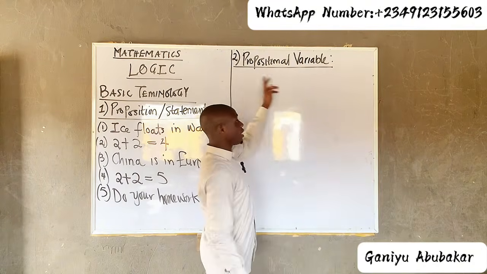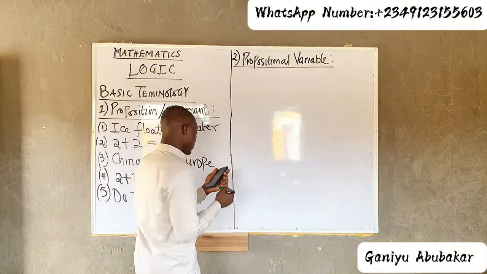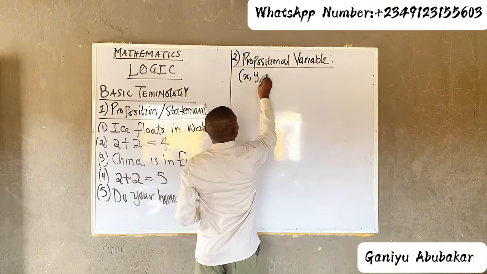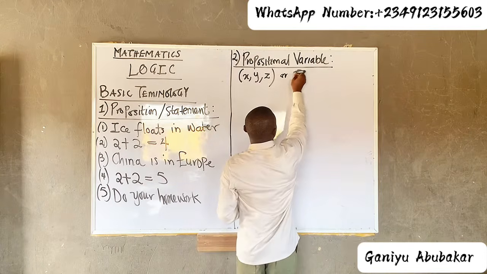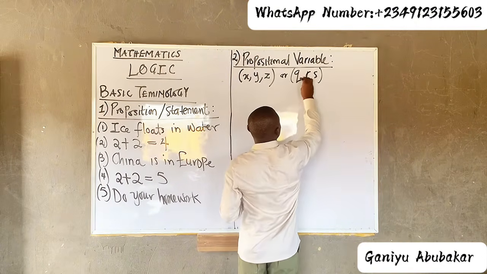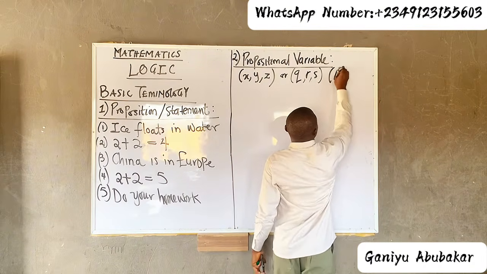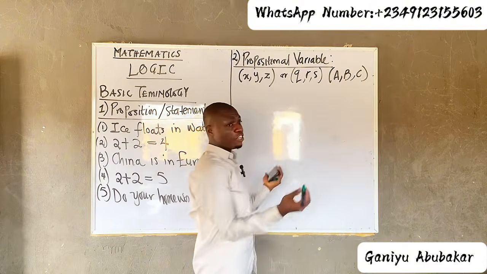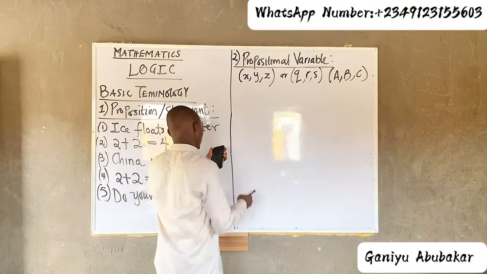A propositional variable. For instance, we can use x, y, z, or perhaps still use q, r, x, depending on whatever I want to use there, and perhaps I can still use a, b, c. So they are just variables. They represent statements, right?